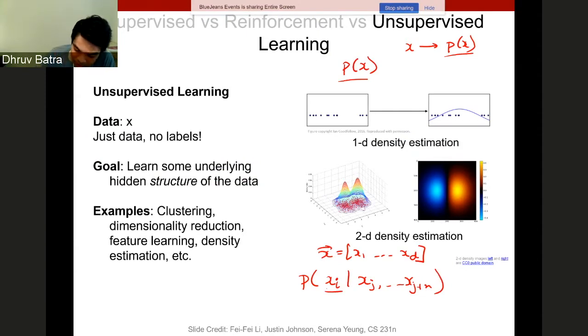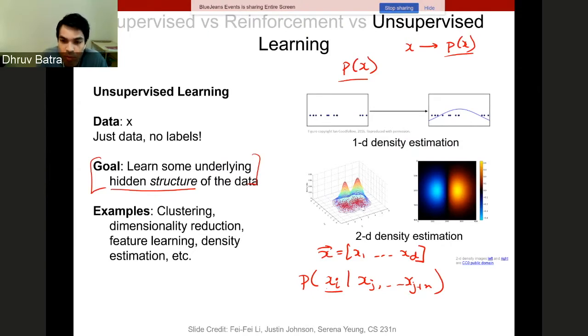And this is one definition of underlying structure, which means how is the data distributed in this space. And with this objective function, you can come up with log likelihoods and probabilistic interpretations of the objective. So those are a few different meanings of this imprecisely stated phrase of learning the underlying hidden structure.